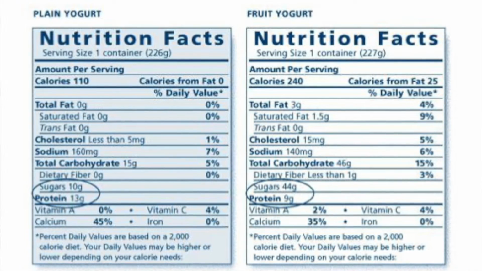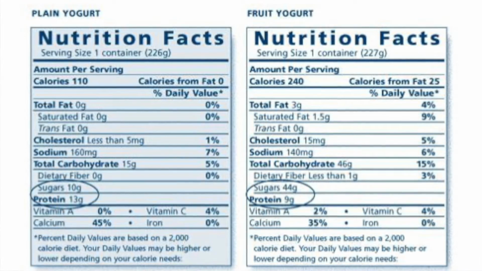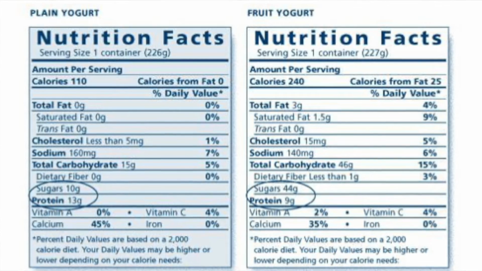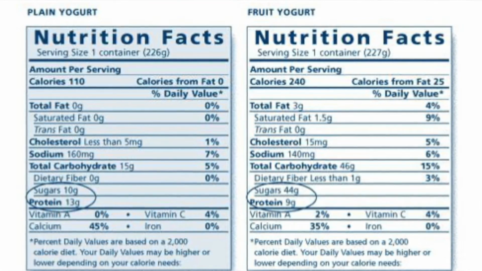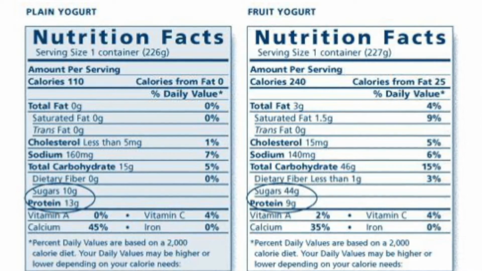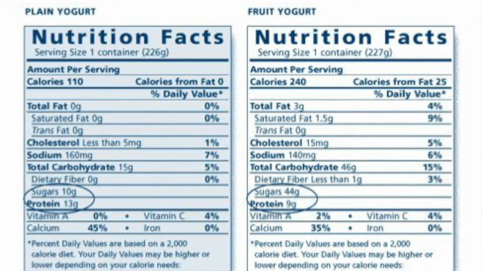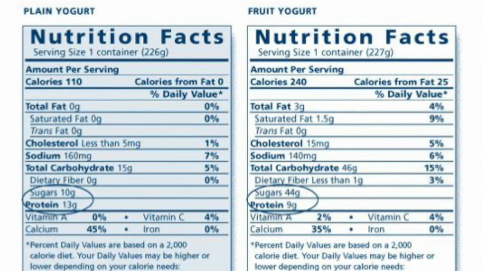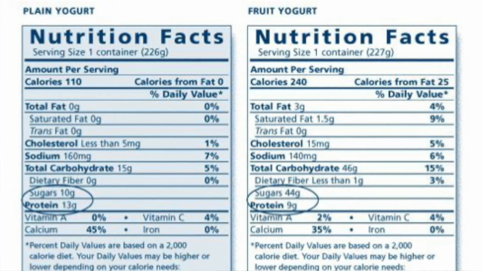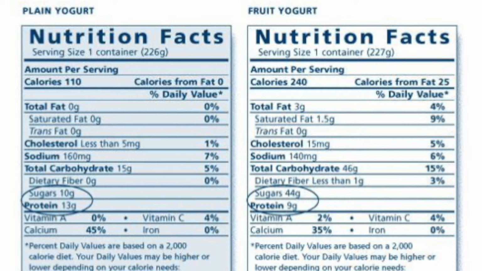But what we do know is that there's a big difference in the amount of sugar. So that's where you see the difference also in the total amount of carbohydrate. One contains 15 grams and the other one contains 46 grams. So when you look at these products at the supermarket, you want to definitely take a look at the ingredients, because the ingredients will tell you whether or not they're adding actual sugar to this product.